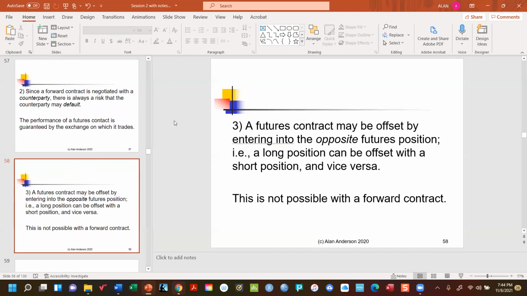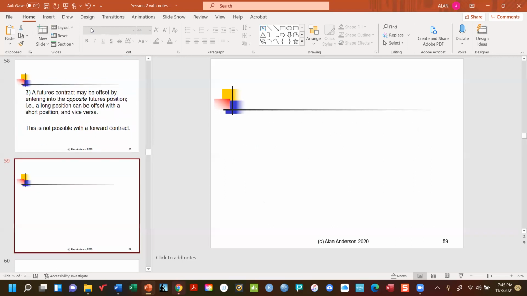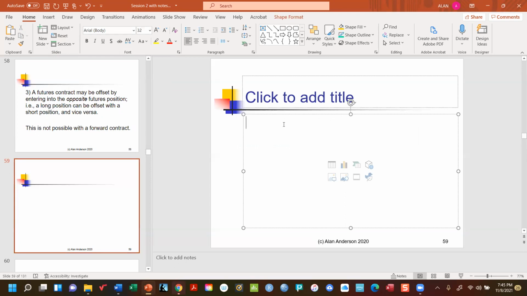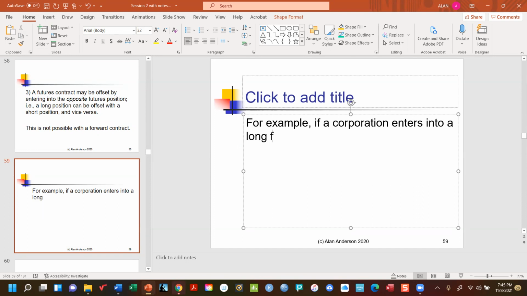Now, a futures contract is easy to unwind, as it's called, because all you have to do is enter into the opposite futures position if you want to close out your exposure to whatever it is you're buying or selling. Just as a quick example, imagine a situation where a corporation enters into a long futures contract on gold for delivery in December.